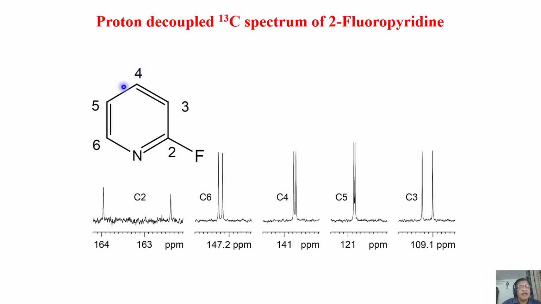Our job becomes very simple now. You only have to consider carbon fluorine couplings. And this is carbon 2, I told you, because of the large coupling it is a doublet. This is the 1JCF coupling. The next largest separation is this, the 2JCF. Then I would safely say this is carbon 3.